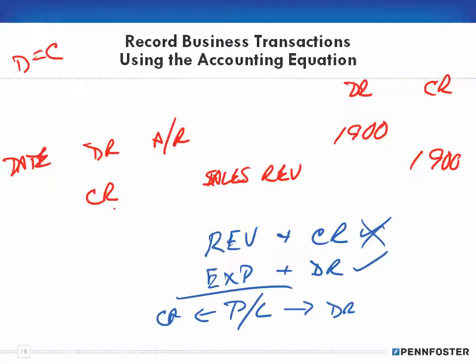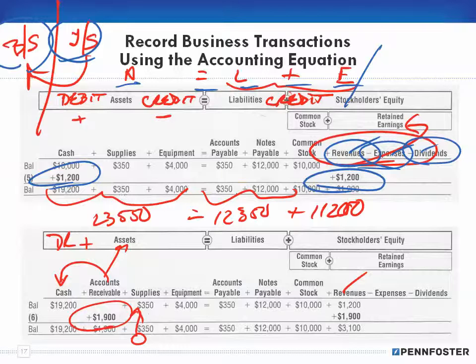find my credit account. And when I look at my categories, I know it's not an asset, because I'm not buying another asset, I'm making a sale. I know it's not a liability because I don't owe anybody. I know it's not equity because it's not an investment in the business, so it has to either be a revenue or an expense. And I certainly know I'm not paying money out, I'm getting money in, so it has to be a revenue account.